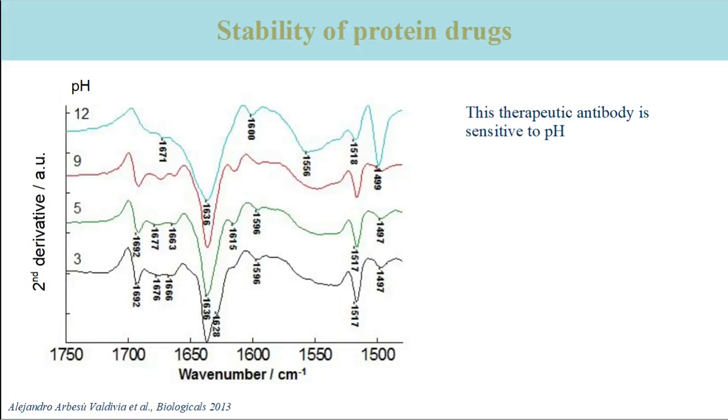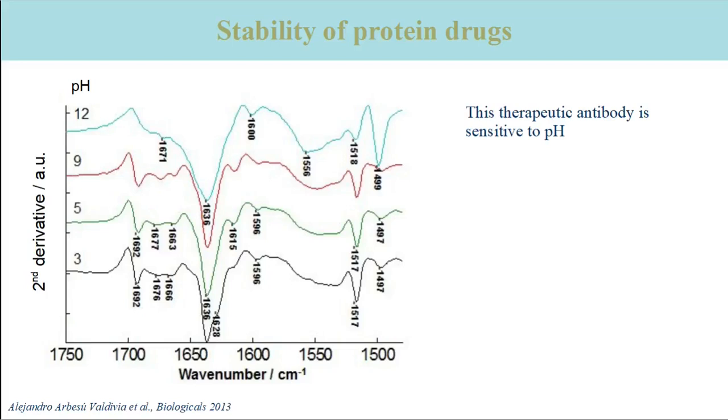The next example concerns antibodies, which are increasingly used as protein drugs. To guarantee their intended medical effect, they need to be stable during transport and storage. Structural changes associated with, for example, temperature changes, pH changes, or freeze-thaw cycles can be studied in the amide 1 spectral range. This slide illustrates the sensitivity to pH as an example.